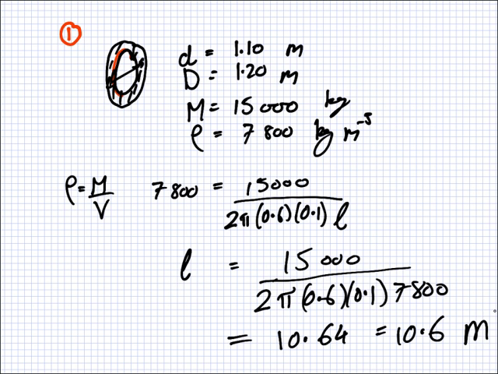Okay, so 10.6 meters. Now what does the question say it should be? I hope 10.6. Good. Do you get the same answer when you did it as the two cylinders? Same answer. When you said 10.64, was that your answer or my answer?